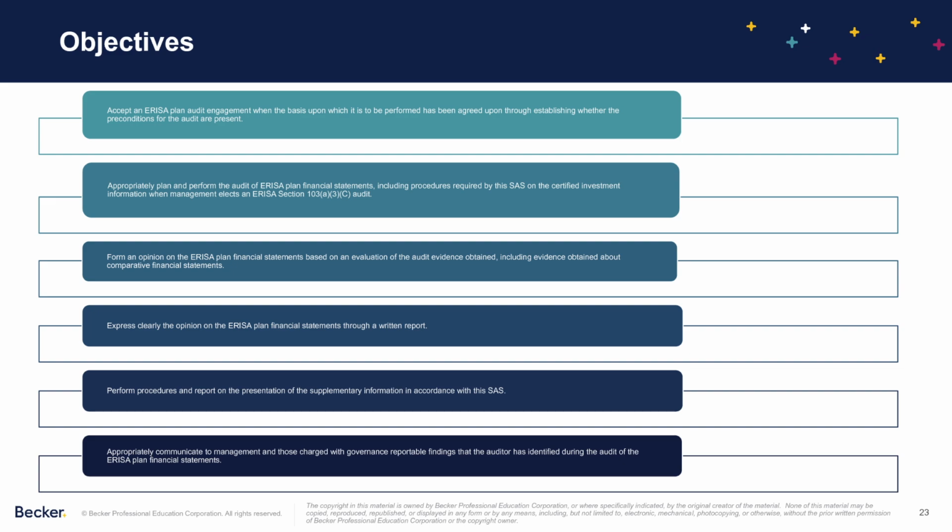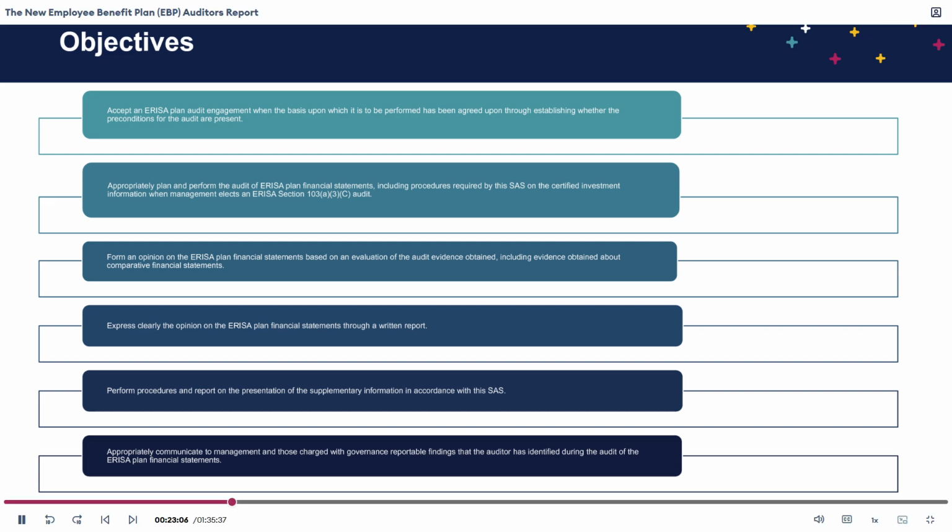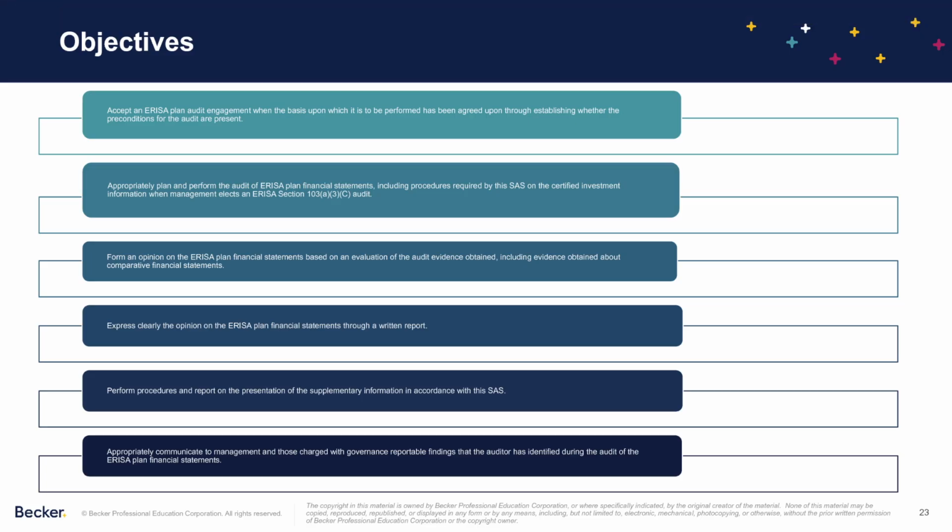We're also going to appropriately plan and perform the audit of the ERISA plan financial statements, including procedures required by this SAS on the investment information when electing an ERISA Section 103(a)(3)(C) audit. We're then going to form an opinion on the ERISA plan financial statements based on the evaluation of audit evidence obtained, including information about comparative financial statements.